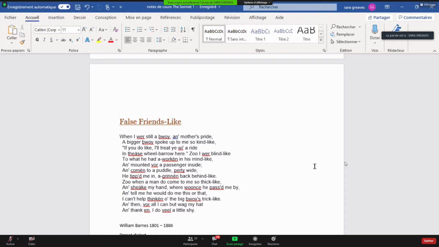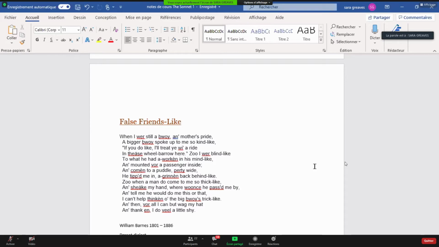And coming to a puddle, purty wide, he tipped me in, a grinning back behind like. Though when a man do come to me so thick like, and shake me hand, where once he passed me by, and tell me he would do me this or that, I can't help thinking of the big boy's trick like. And then, for all I can but wag my hat and thanken, I do feel a little shy.